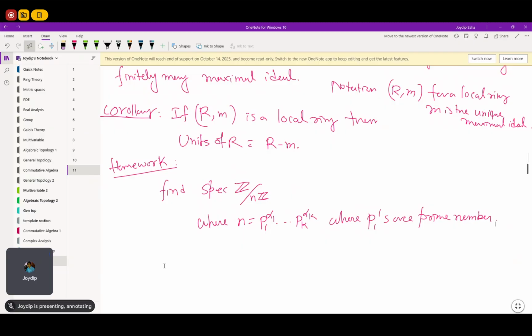Then use this idea for any ring, not only in Z. Okay. This is homework. Next day we will discuss from here. Okay. Any question?